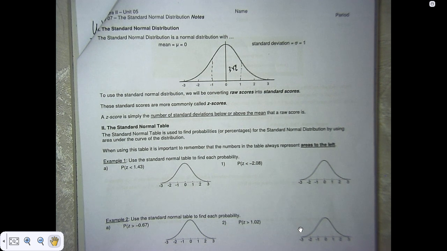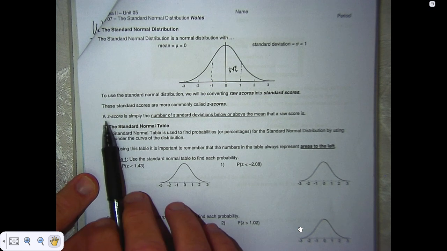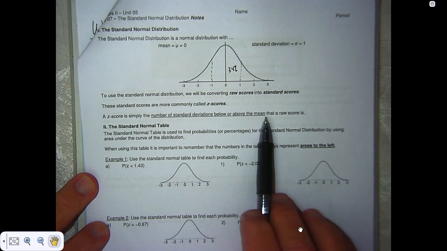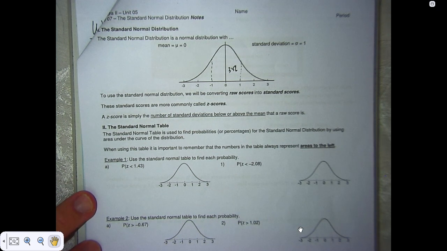And then we're going to locate places on the normal distribution and assign them a z-score. The z-score is going to let us know the percentages that we're looking for in the problems that we have already done. So the z-score is simply the number of standard deviations below or above the mean. We've just kind of gone through that.